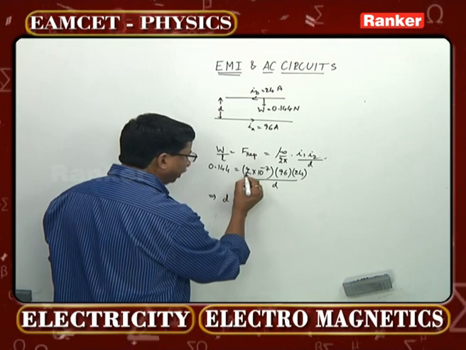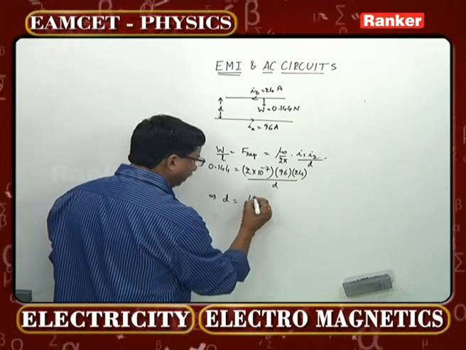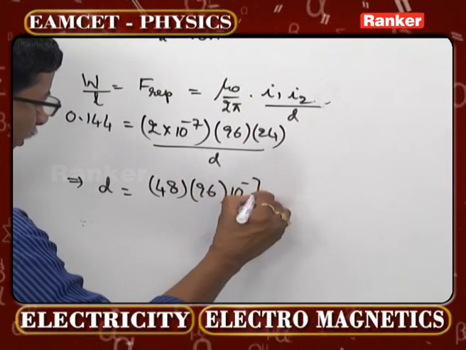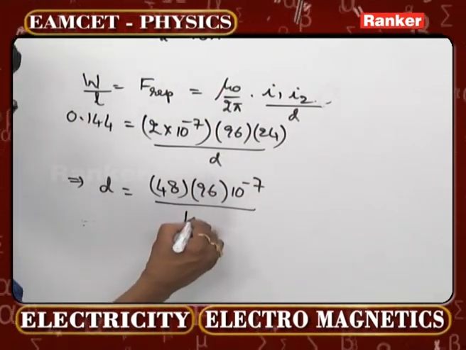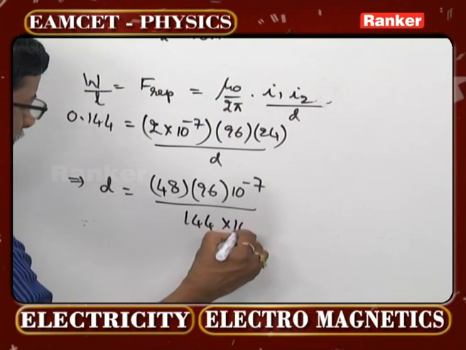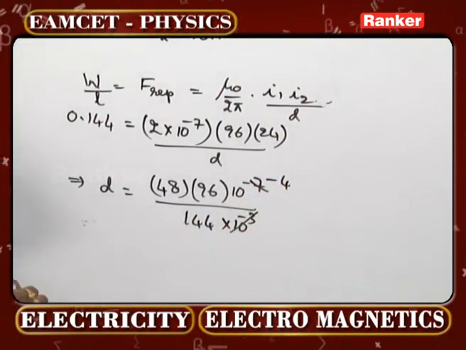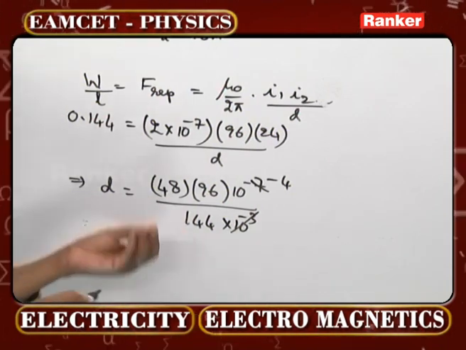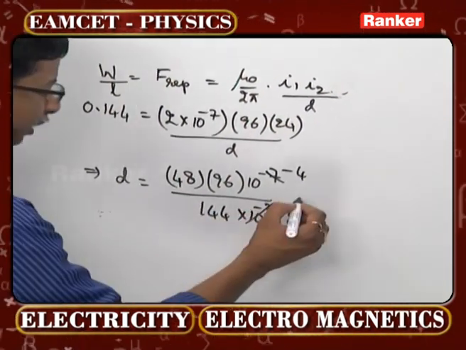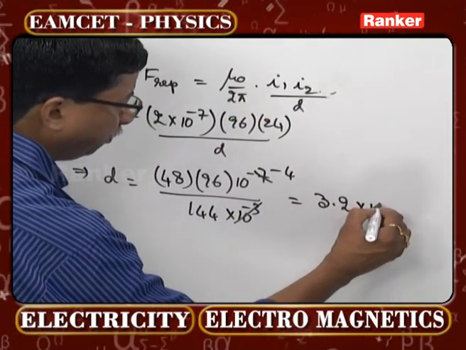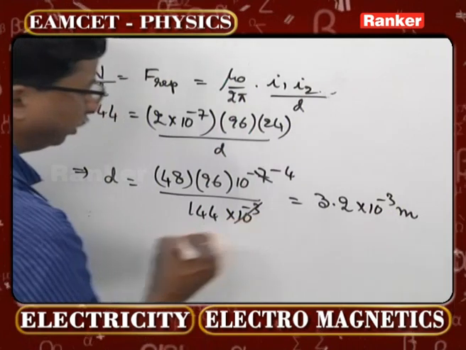It can now be taken as 2 times 24, it is 48 into 96 into 10 power minus 7, whole divided by 144 into 10 power minus 3. This cancels minus 4 times. Now you can directly cancel the things and simplify the total lot. You will get exactly 3.2 into 10 power minus 3 meter.